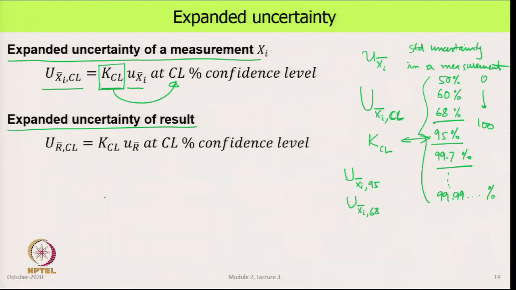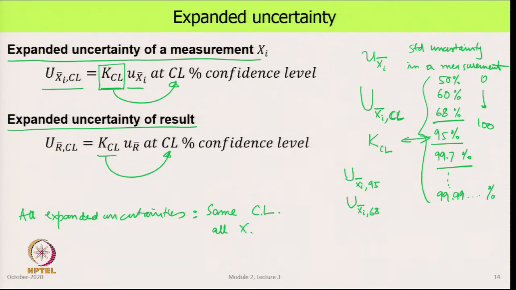Now, there is one important thing that one should be consistent with: in one particular experiment, all expanded uncertainties should always be at the same confidence level. That means all Xi's and the result should all be reported at the same confidence level.